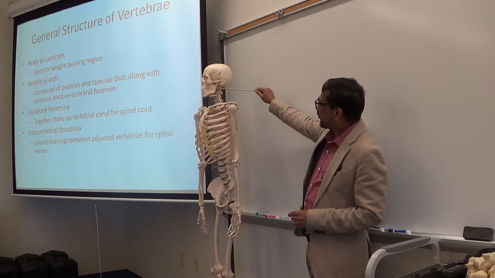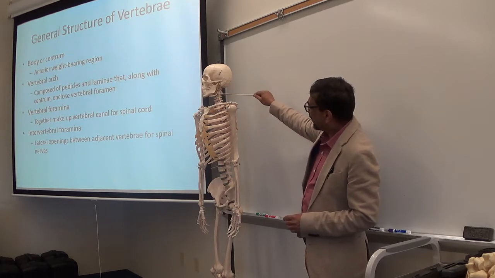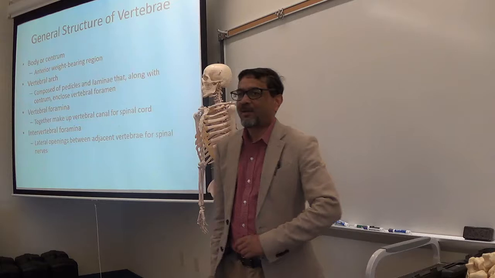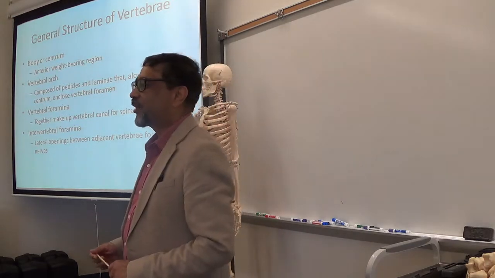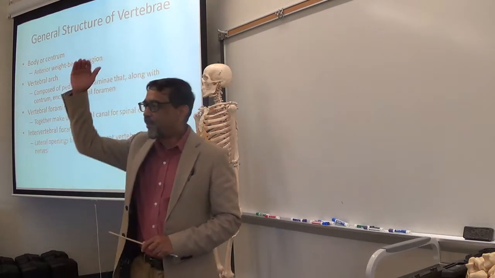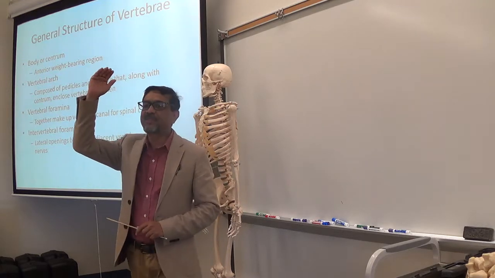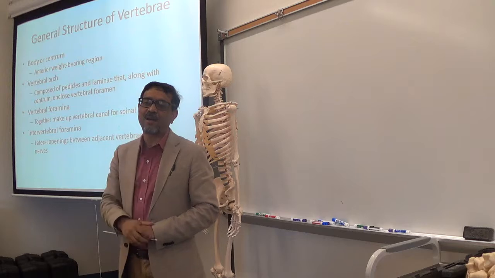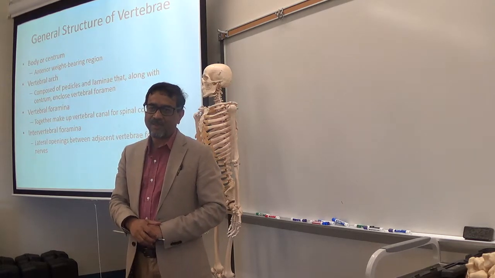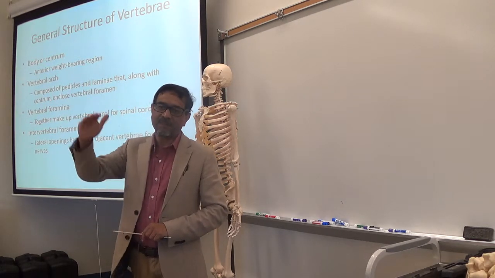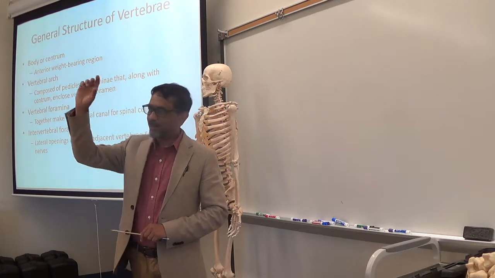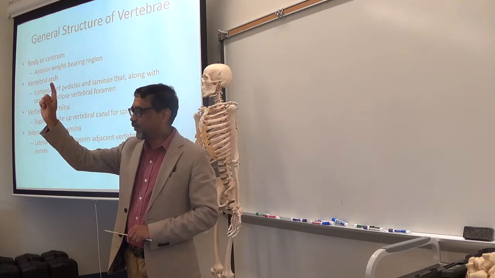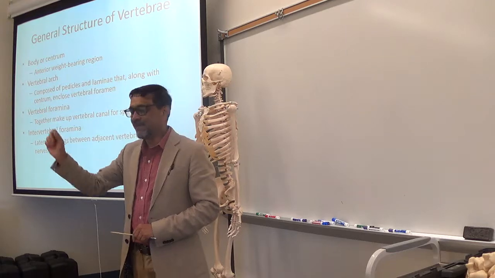So first we'll see the cervical. Among 7 cervical vertebrae, upper 2, that means C1 and C2, are different than the other 5. The other 5 are very similar, but number 1 and number 2 are different. So we'll see.